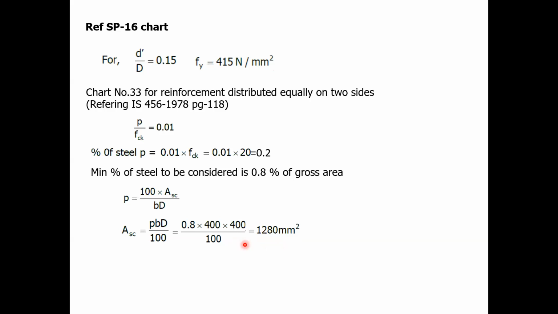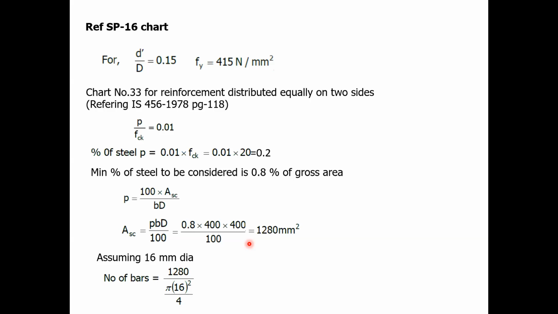Next, take down. Assuming 16 mm dia bar. Number of bars is equal to Asc divided by assumed area.